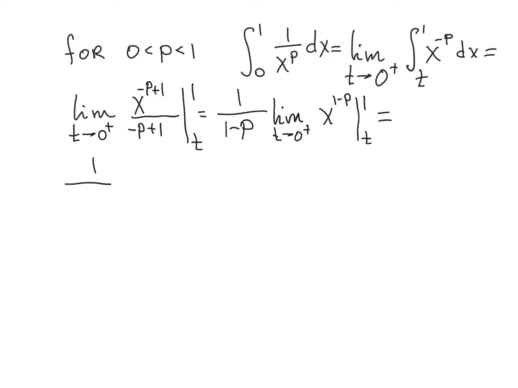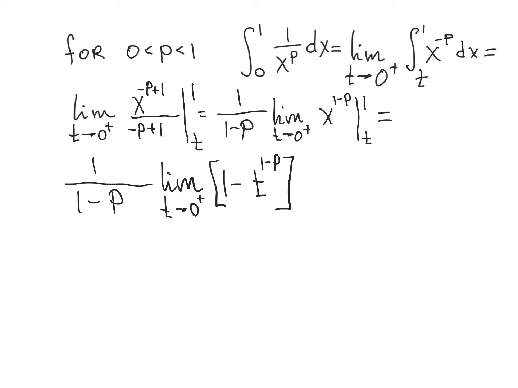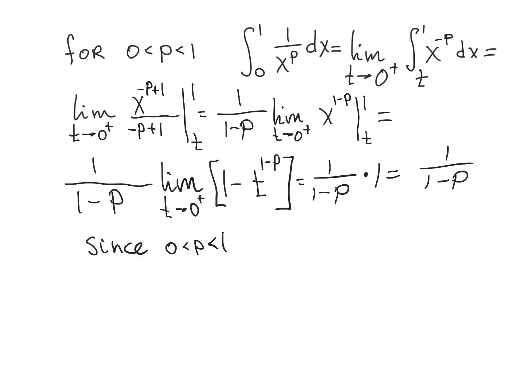1 divided by 1 minus p times the limit as t approaches 0 from the right of 1 minus t to the 1 minus p power. And this is equal to 1 divided by 1 minus p times 1, which is 1 divided by 1 minus p, because since p is below 1, 1 minus p is positive.